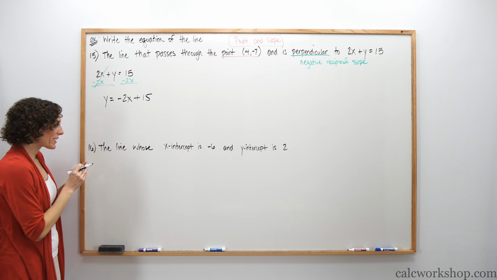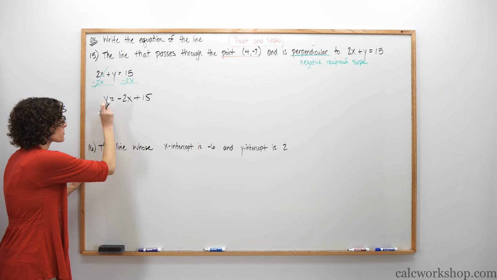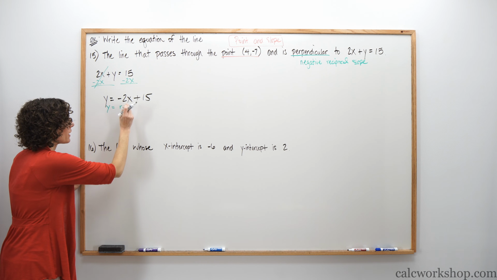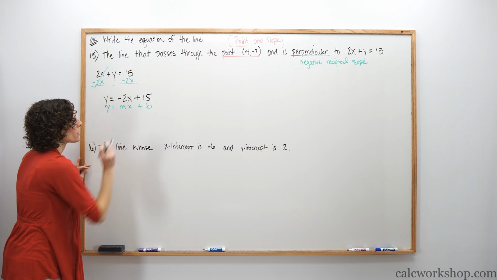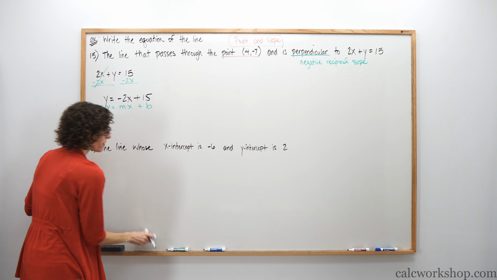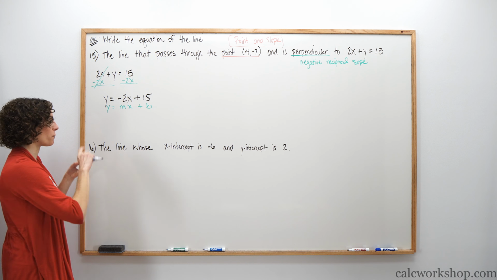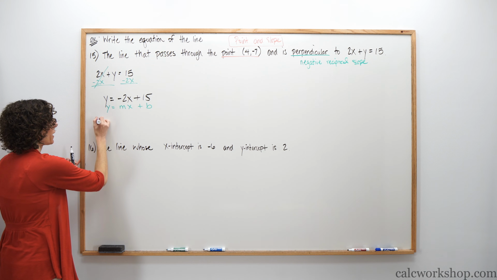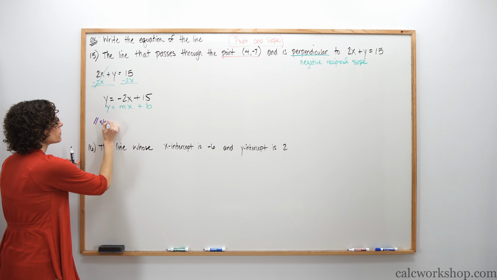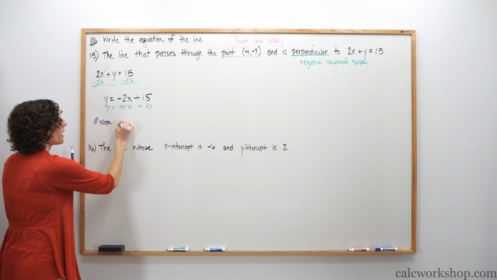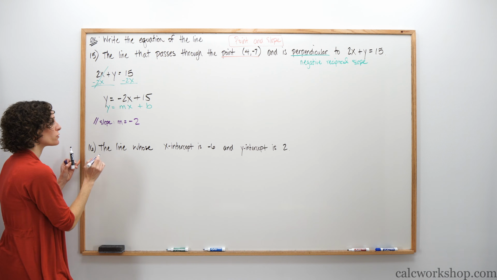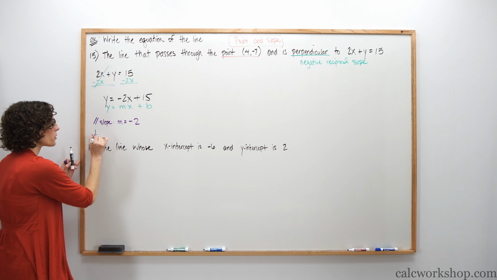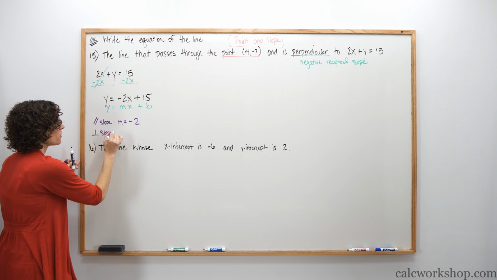Now, what we can see right now is that this is y equals mx plus b. If I wanted parallel slope, so I'm just going to use the symbol for parallel, parallel slope, we would say m equals negative 2. But we want perpendicular slope.